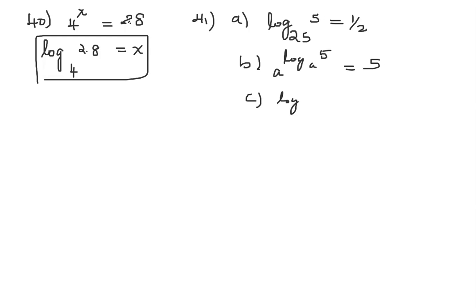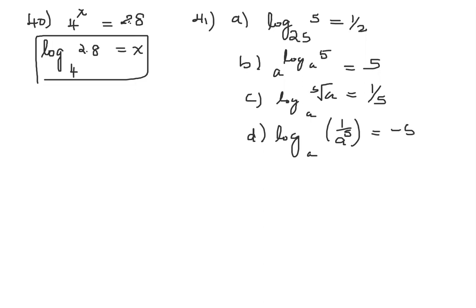And log base a of the square root of the fifth root of a is going to be just 1/5. And d is log with base a, it's going to be -5.